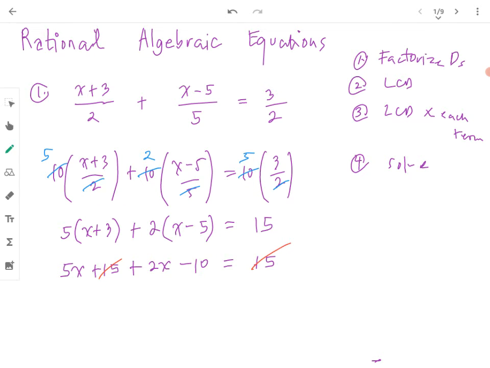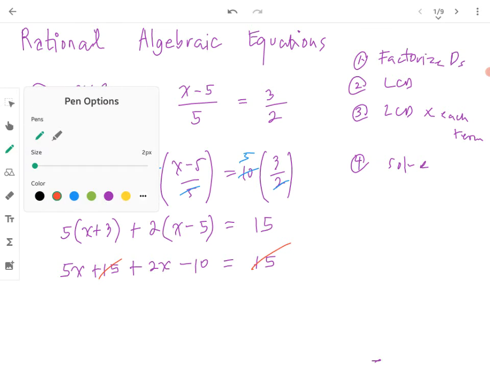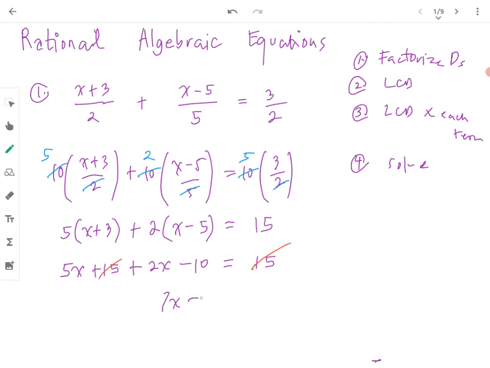So we are left with 7x minus 10, since 5x and 2x becomes 7x, equals 0 because the 15 is now cancelled. So we add 10 to both sides. We have 7x equals 10. Dividing both sides by 7, therefore, x equals 10 over 7.